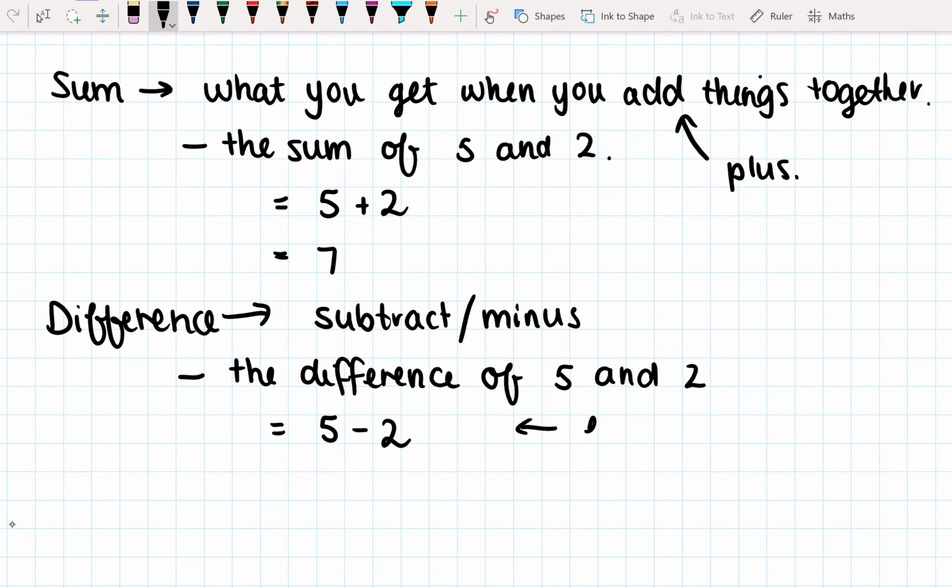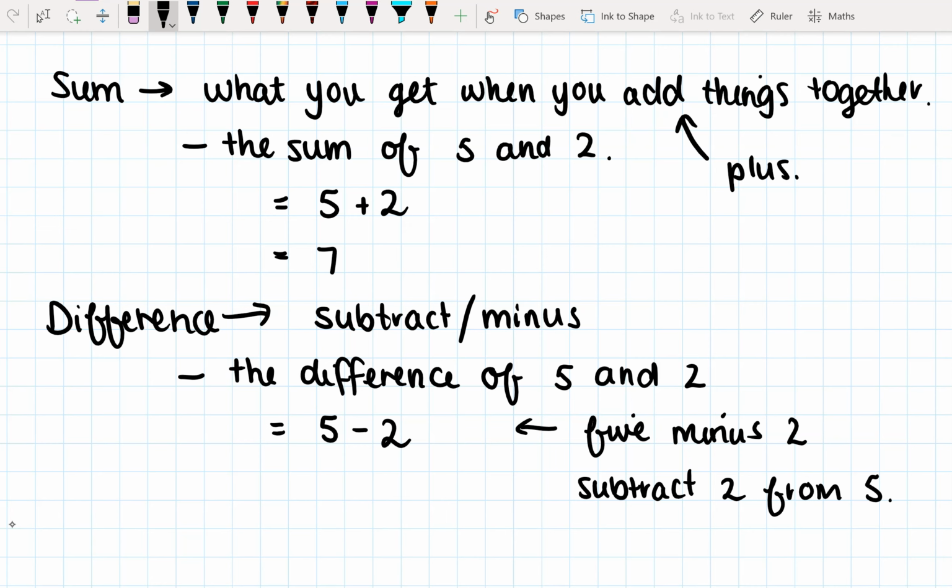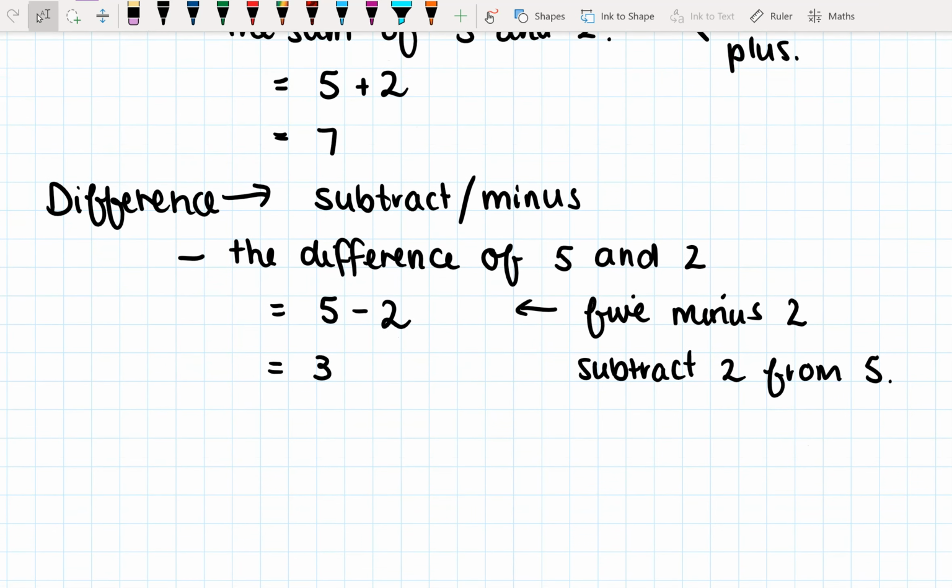We can say 5 minus 2, or we can say subtract 2 from 5, or the difference of 5 and 2. And what we get here, 5 minus 2 is equal to 3. So that one's also pretty easy, very straightforward. We're now getting up to the slightly harder ones. They're not really hard, but they're a little bit more different.